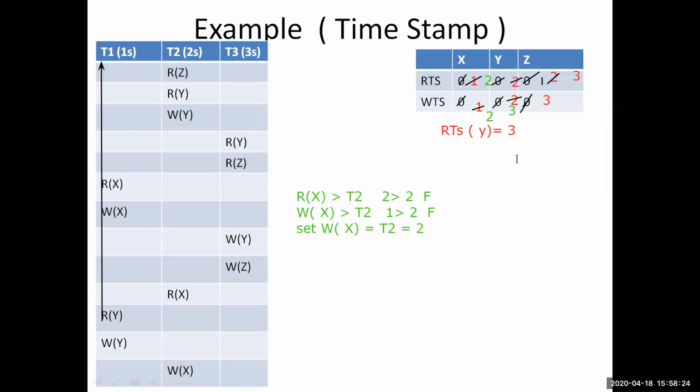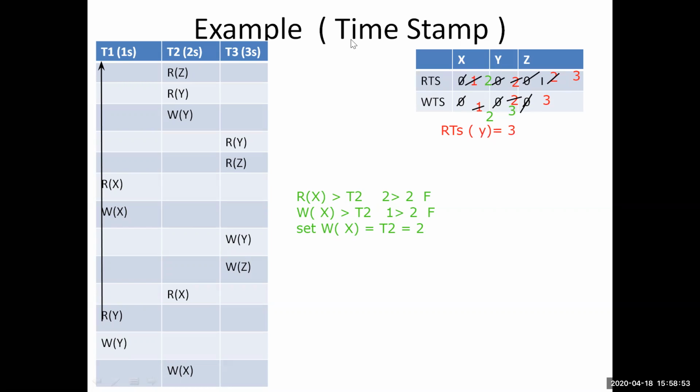So what are the final values? All the operations are completed. Transaction T1 is rolled back. T2 is executed, then T3 will get executed. So the final answer for this particular part is my read timestamp of X is 2, 2. Read timestamp of Y is 3, 3. And for Z it is 3, 3.